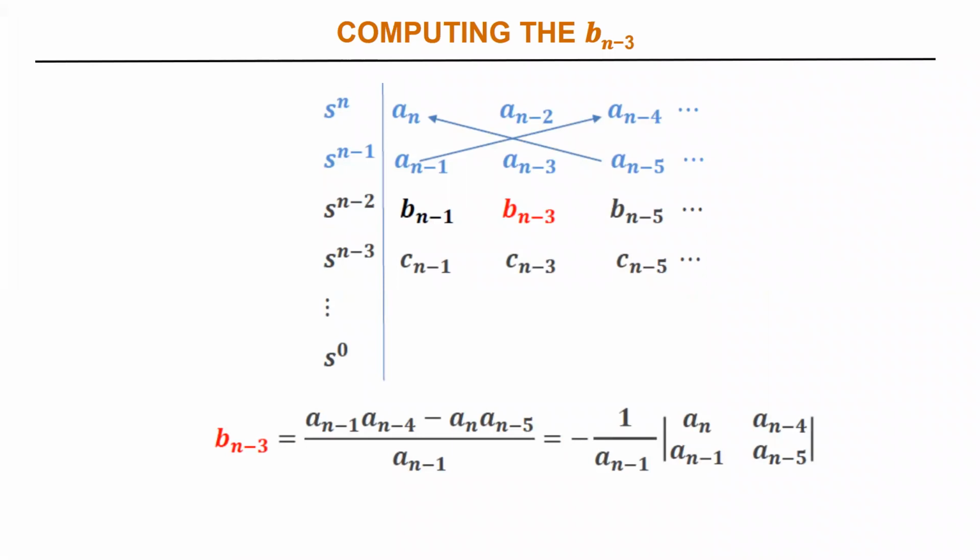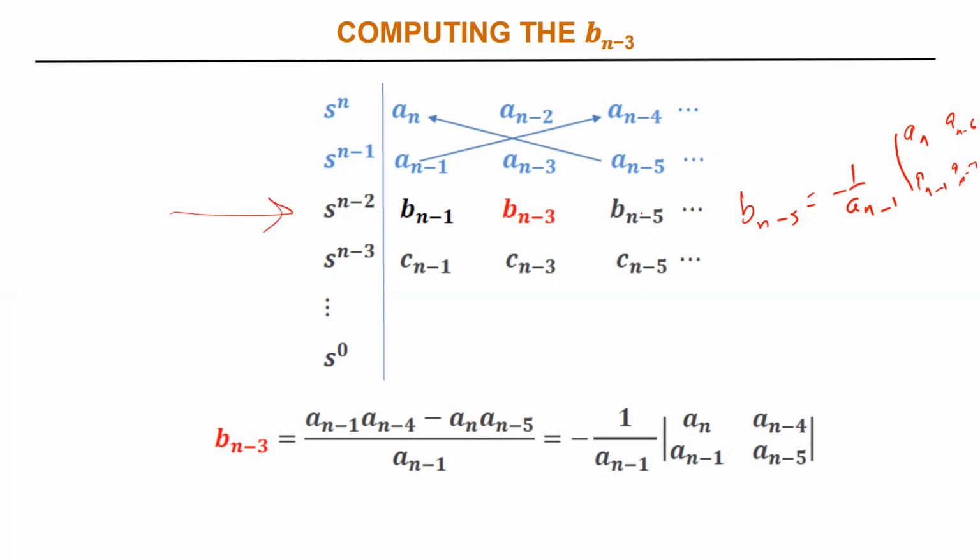So this is b_(n-3). What do you think b_(n-5) will be? Take the first column with the fourth column. Exactly, so minus 1 over a_(n-1), and then it's going to be a_(n-6) and a_(n-7). Until you continue in that format. Systematic, Doctor.